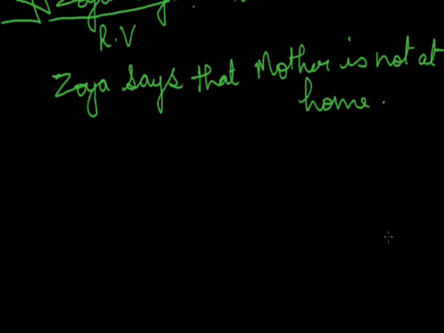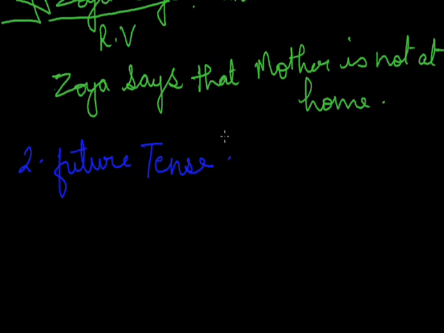Similar is the case with the second one, that is, if the reporting verb is in future tense, then again we do the same thing as with the present tense, that is, the reported speech remains unchanged.